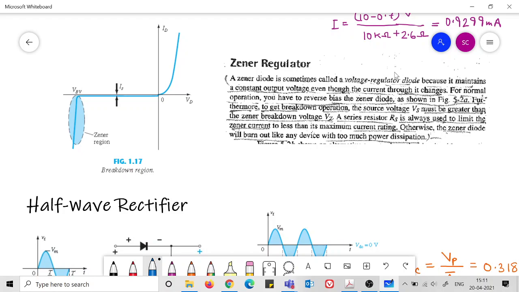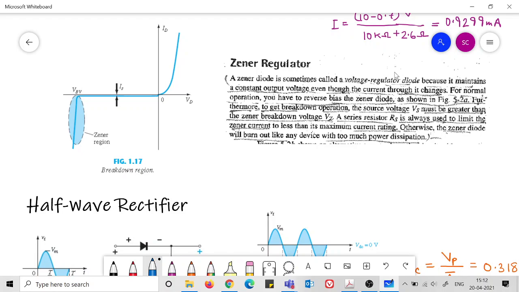You can consider that the voltage is almost constant, and this makes engineers able to design voltage regulators using the Zener diode. So the Zener diode acts as a Zener regulator.